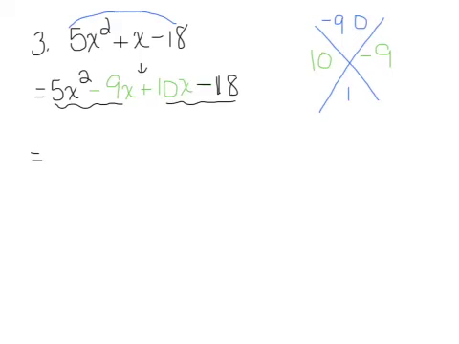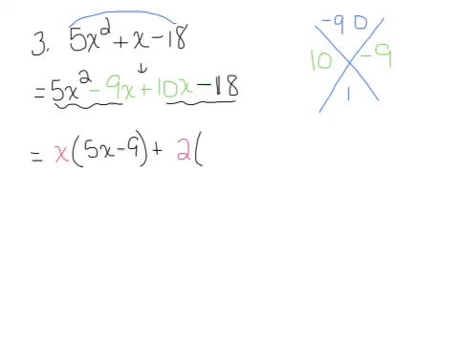If I group the first two together, 5x squared minus 9x, what do they have in common? They have an x in common. So I'm going to factor that out, and I'm going to be left with 5x minus 9. If I look at the second group, I have 10x minus 18, so what do they have in common? They have a 2 in common.